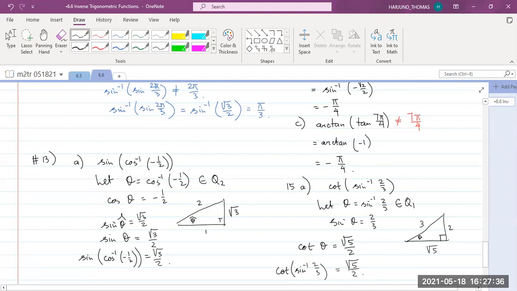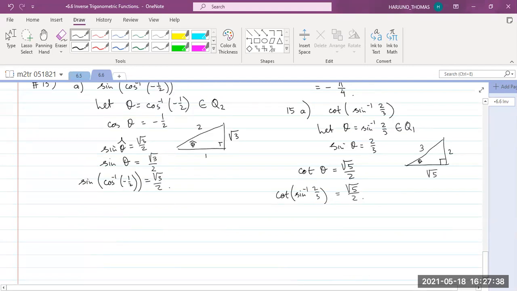Now I would like you to do 13b. Number 13b, what is cosine of tangent inverse of 1? And also 15b, secant of tangent inverse of negative 3/5.